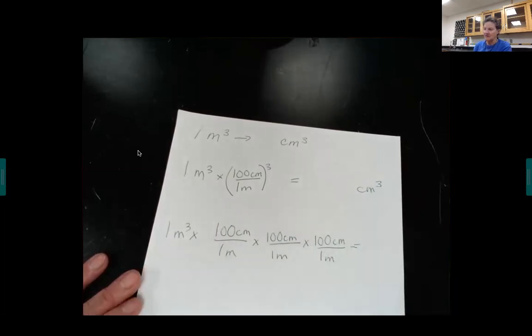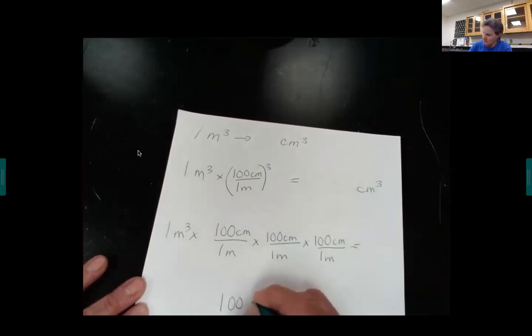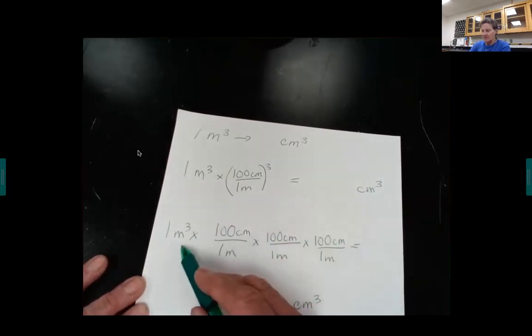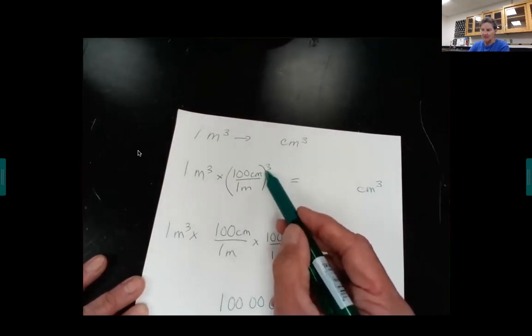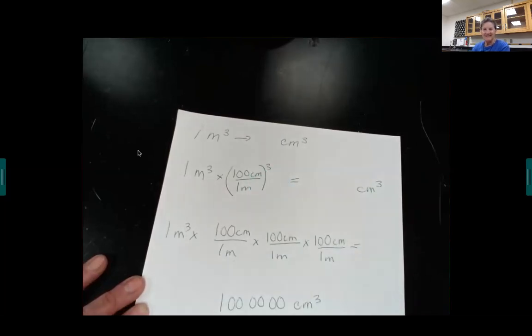And so you end up with, one of these meters cancels one of these, cancels another one, or you can think of it as I did here, where once I cube this, I have centimeters cubed over meters cubed. So that means I had to cube the 100. So you end up with 1 million centimeters cubed.